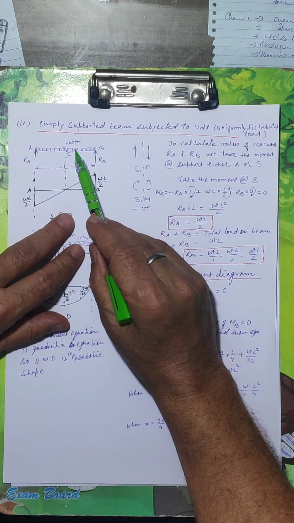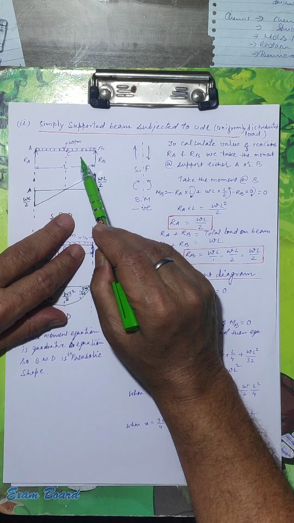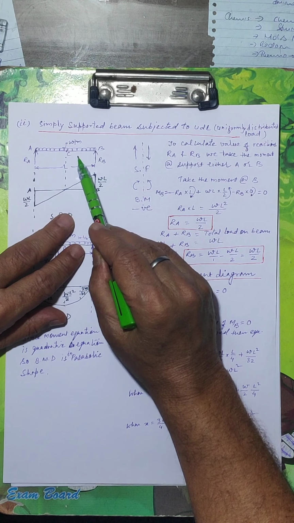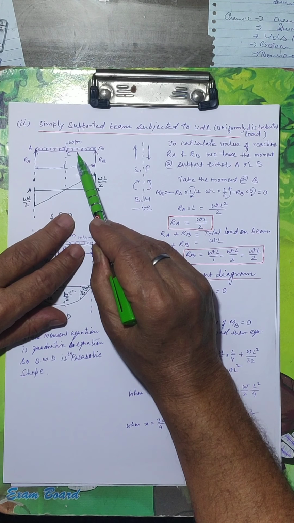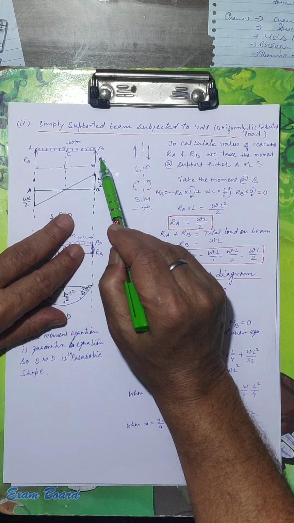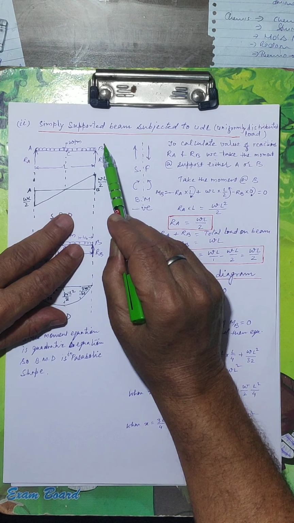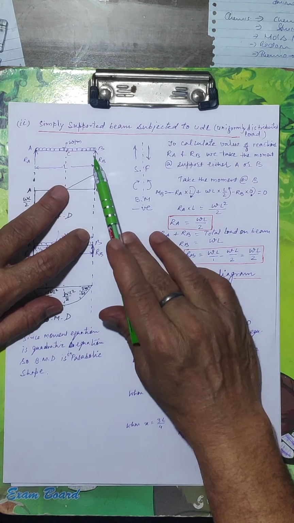Since this is downward and moment we are taking about B, so it will come downward and move towards B, and this direction is anti-clockwise, and section is B.